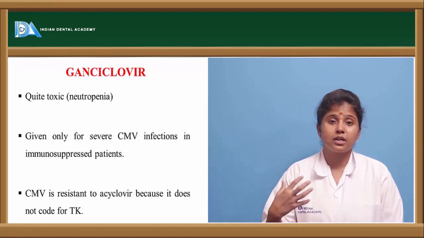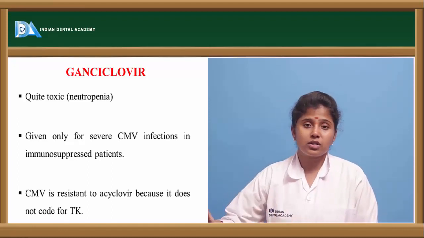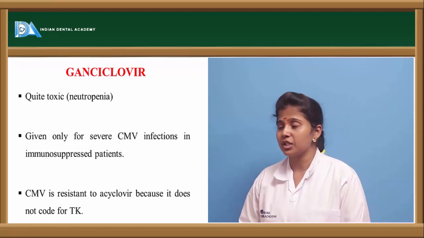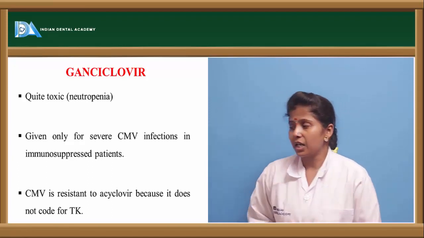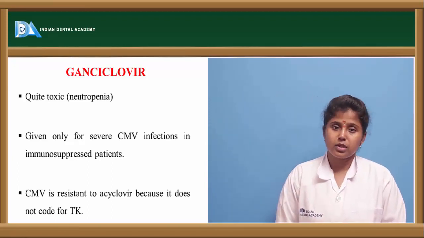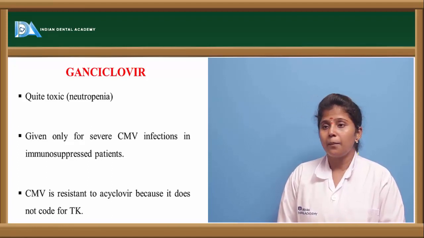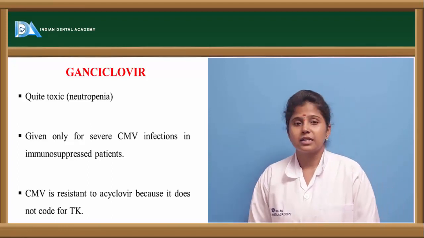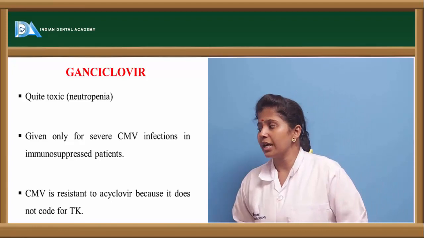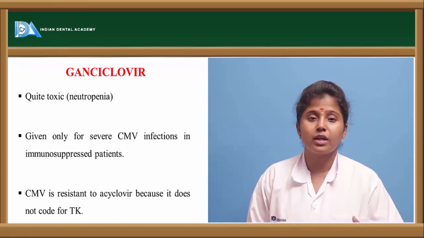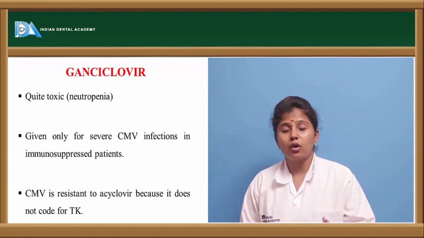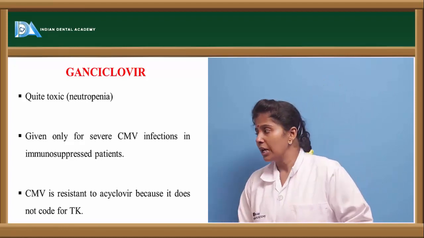So if the infections caused by these viruses are in severe conditions, we can give ganciclovir in immunosuppressed patients who have low immune power, and where the cytomegalovirus is resistant to acyclovir. This virus can develop resistance to acyclovir but not to ganciclovir.